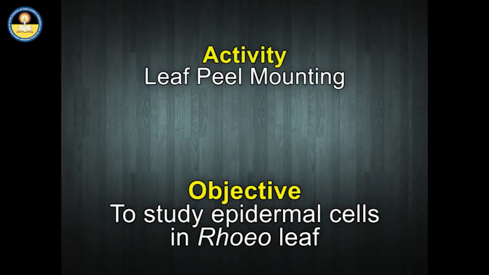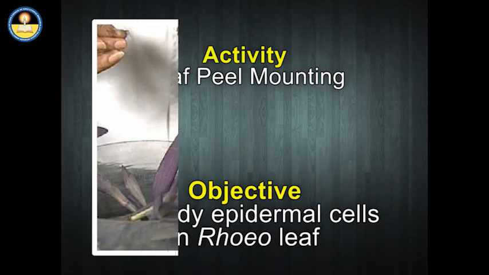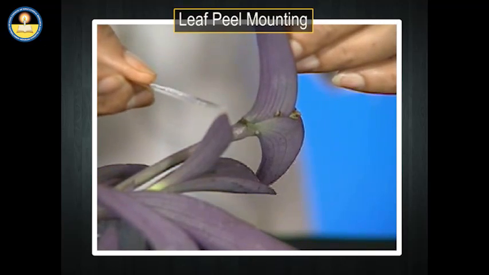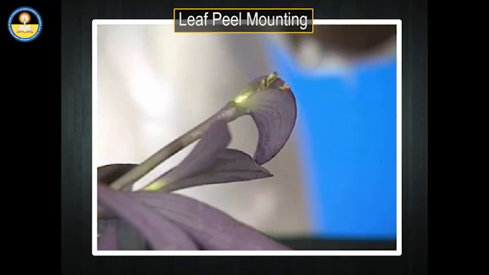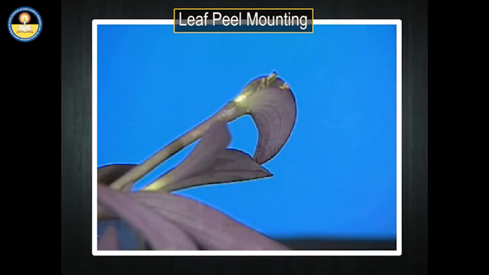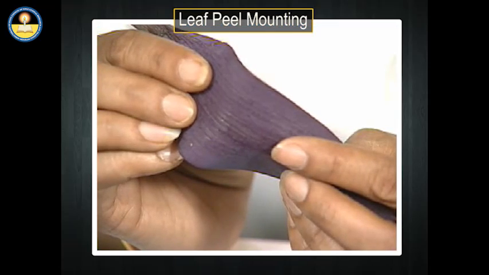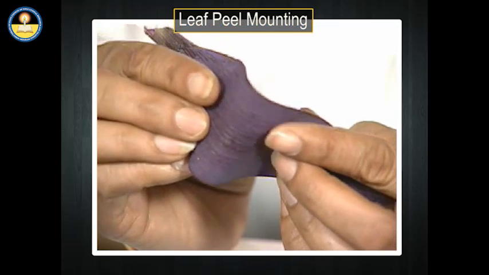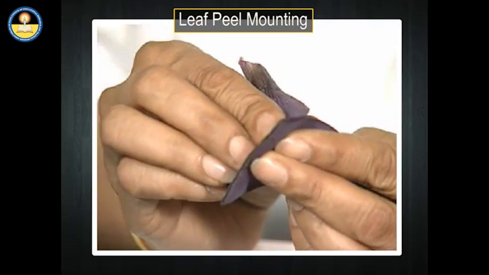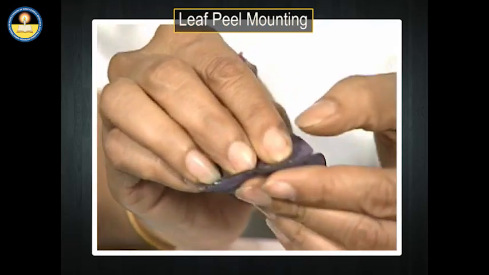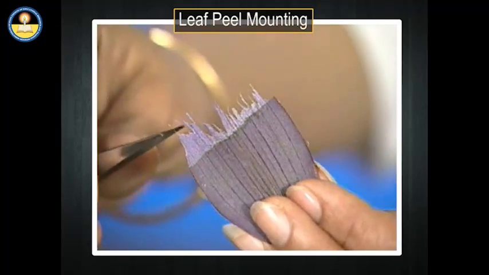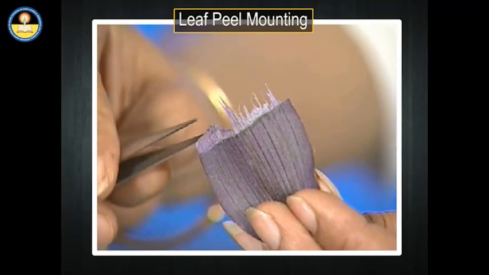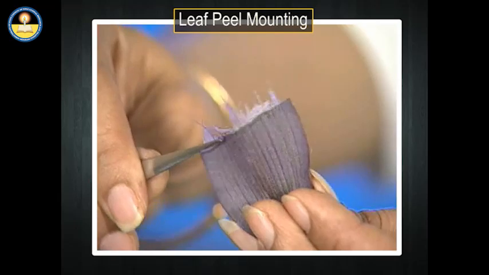To study epidermal cells in Rhoeo leaf. These are the steps to be followed to carry out the activity. Take a freshly plucked Rhoeo leaf, bend between your thumb and forefinger in upward direction. With the help of a forceps, strip a portion of the lower epidermis.